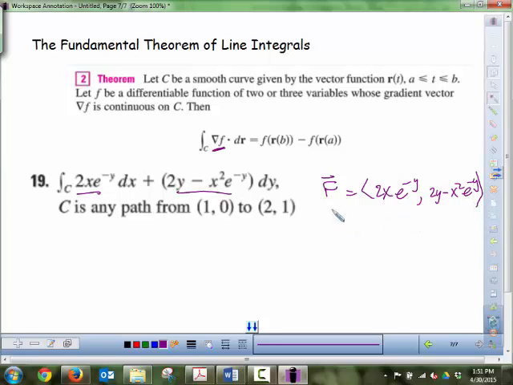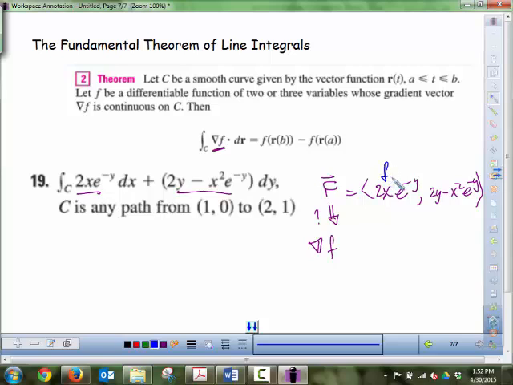The question is, is this a gradient field? How would we know? You take the integral of it in terms of x and y.